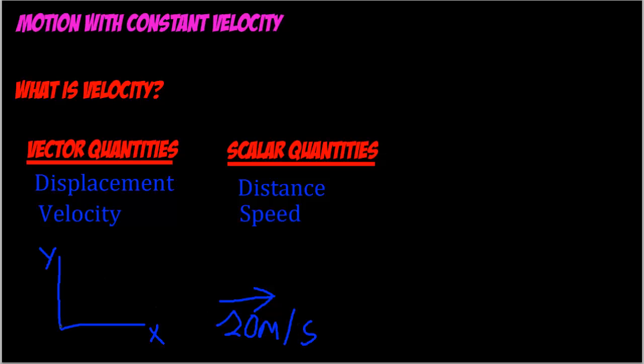But velocity would say that it's going 20 meters a second, but it's also going at an angle of 53 degrees. So it has a magnitude, which would be how fast it's going, and a direction, so which direction it's pointing at. It could be pointed to the left, it could be pointing downwards, it can be pointed anywhere. But the important thing you need to know is that there's a difference between vector and scalar quantities.